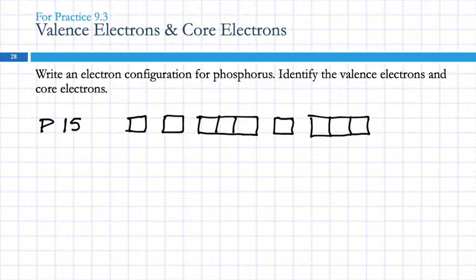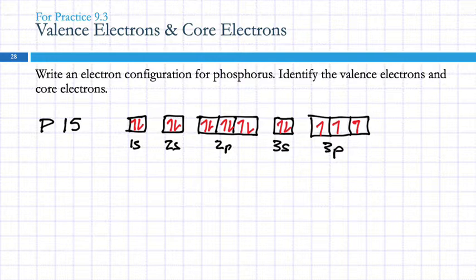So 15 electrons: 1, 2, 3, 4, 5, 6, 7, 8, 9, 10, 11, 12, 13, 14, 15. And these rooms, these sublevels, have names: 1s, 2s, 2p, 3s, and 3p. So far we're staying in the smaller elements where the ordering makes sense. We'll get to the crazy ordering later.